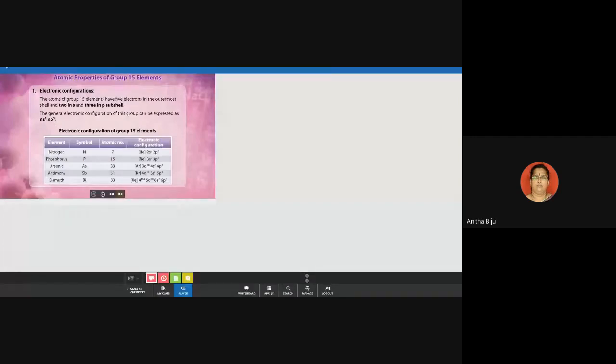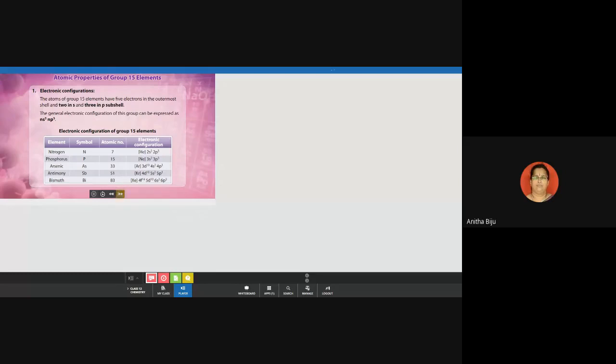Can anyone say, is there any speciality related to the configuration? Any speciality? What do you think? Anyone? Ma'am, there is noble gas.